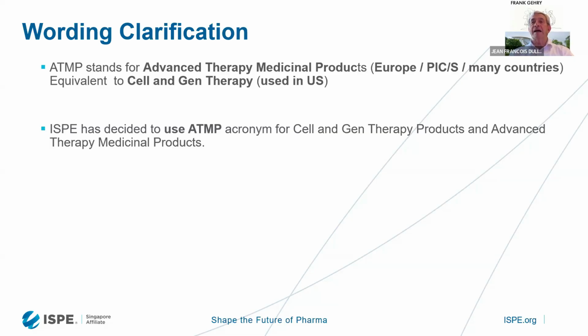ISPE has decided to use the ATMP acronym for cell and gene therapy product and advanced therapy medicine product. So in this guidance, both terms are used. From time to time we use cell and gene, and some of the time we use ATMPs, but this is exactly the same meaning.